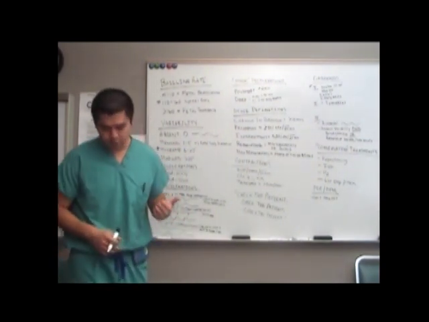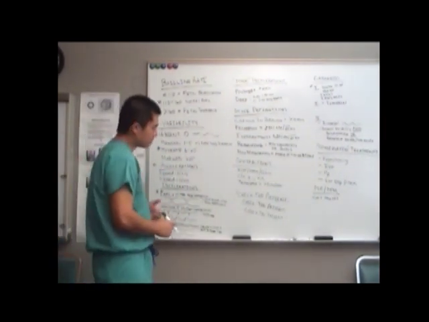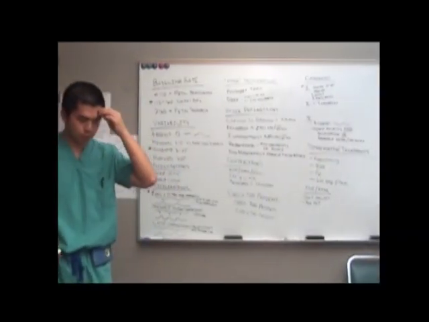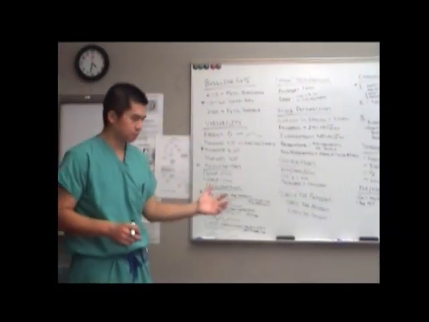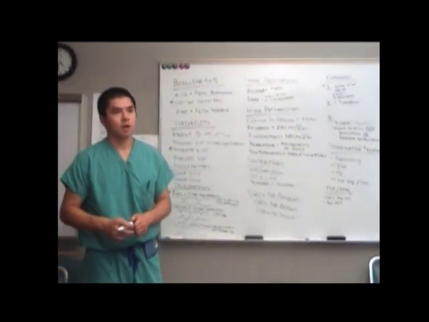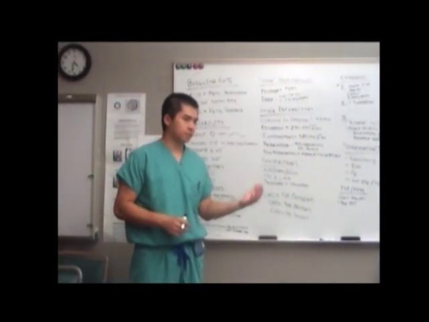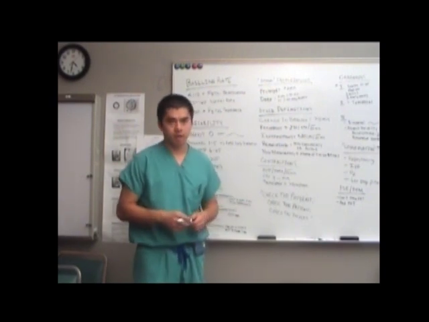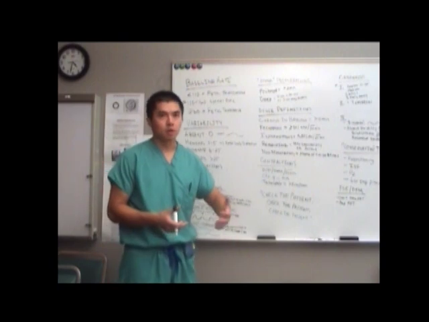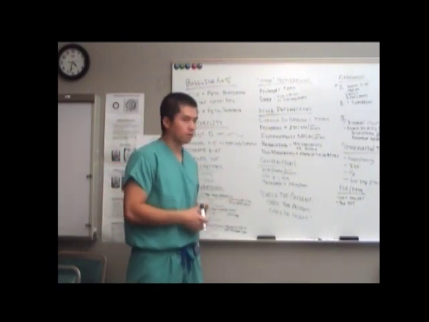So the other reason, in my opinion, is if you've had really bad fetal heart tones. So you go in the room, you've had a prolonged deep decel down to the 60s for about 3 minutes. You probably want to throw an FSE on there, because you want to know that you're tracing the baby and actually getting the baby's heart rate, especially because you're going to be moving the mom a lot, maybe back to the OR, and you want to know exactly what your fetal heart tones are.